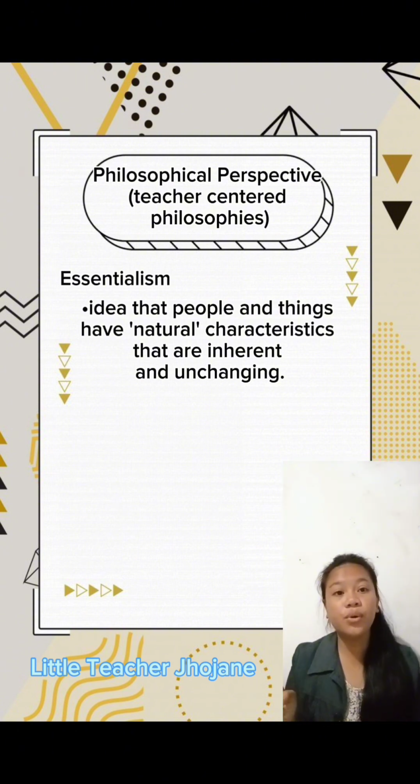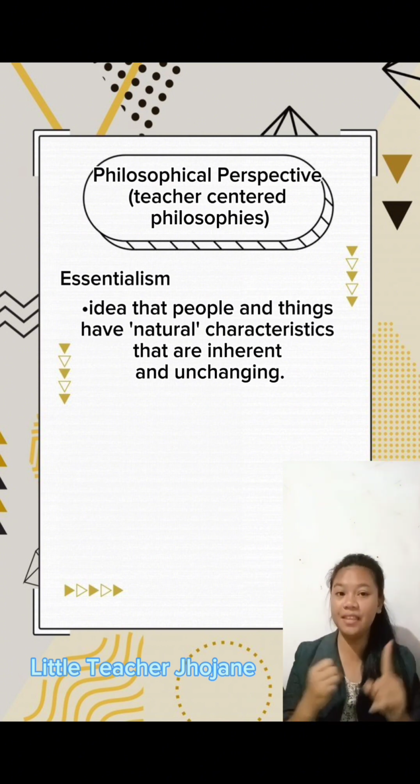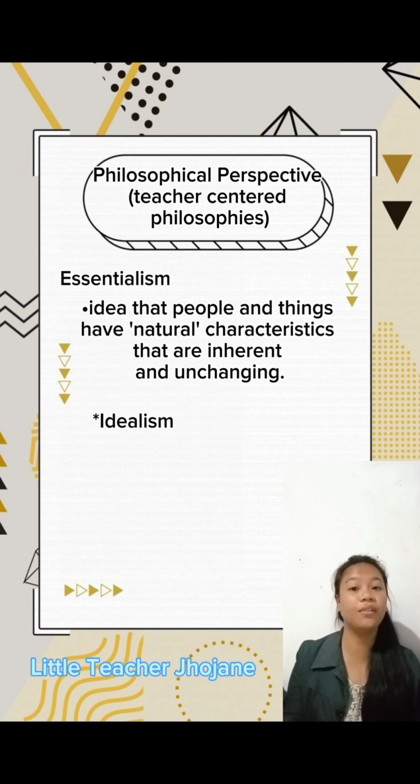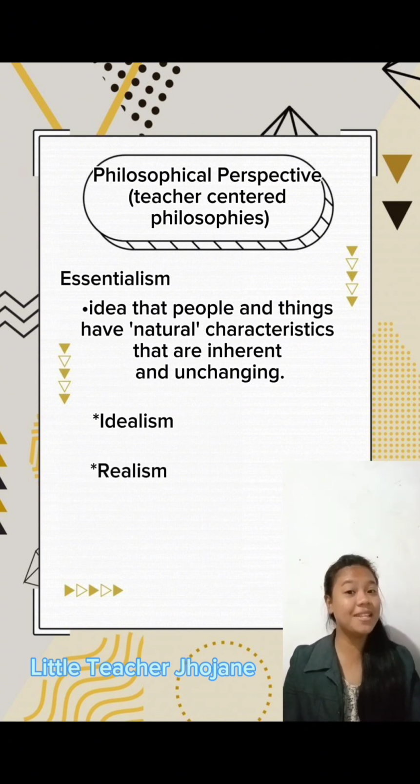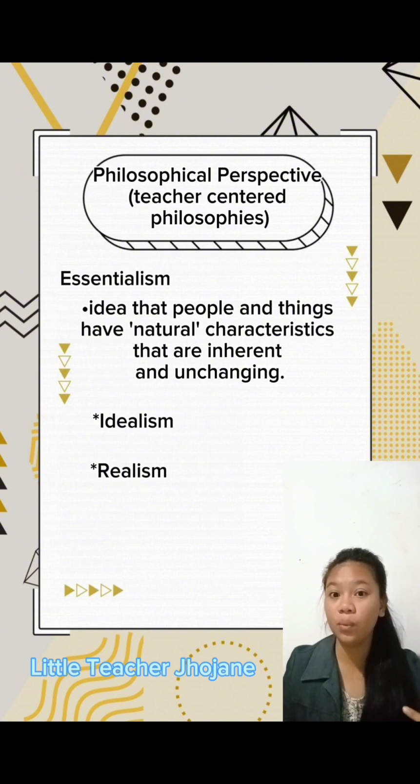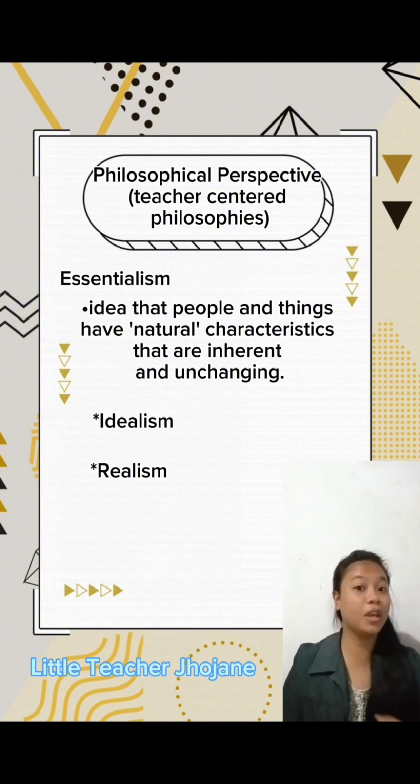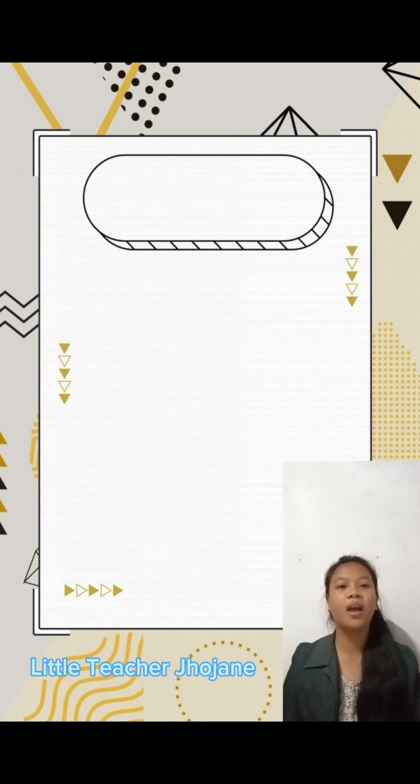There are two origins of essentialism. First is idealism and second is realism. But first, what is idealism? In the word idea, what comes to your mind? So I will give you the meaning of this.